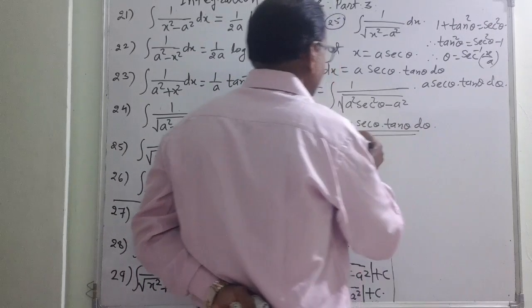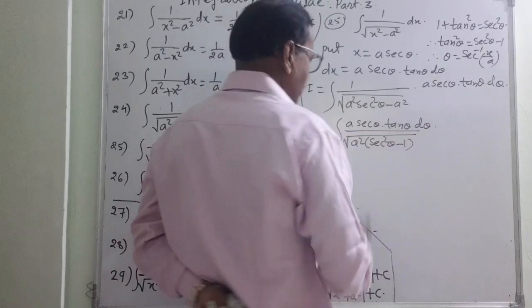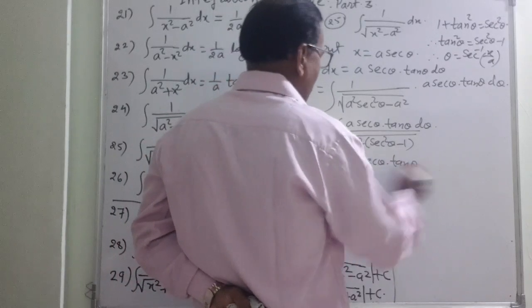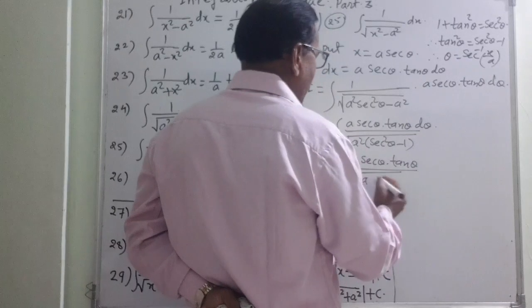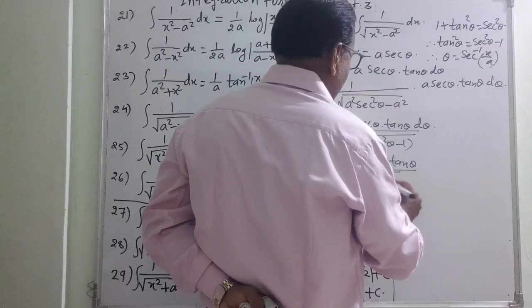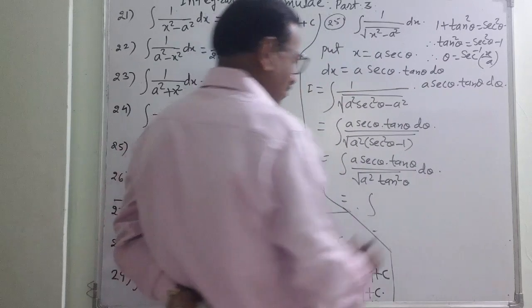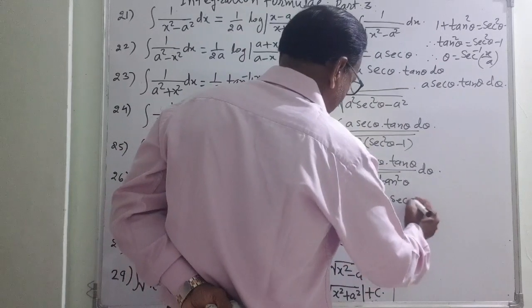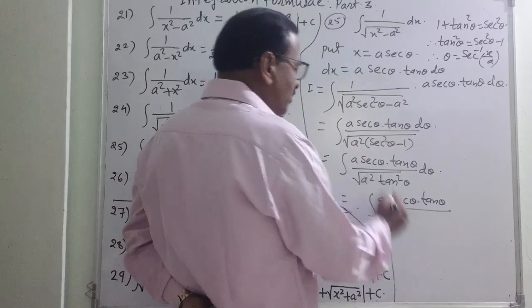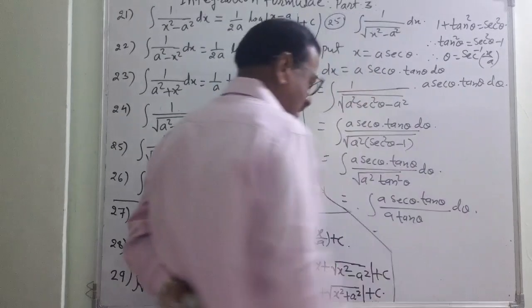upon under root. A square is common, so sec square theta minus 1, that is equal to integration a sec theta tan theta upon under root a square into sec square theta minus 1 is equal to tan square theta d theta, that is equal to integration of a sec theta tan theta upon root of this is a, root of this is tan d theta.